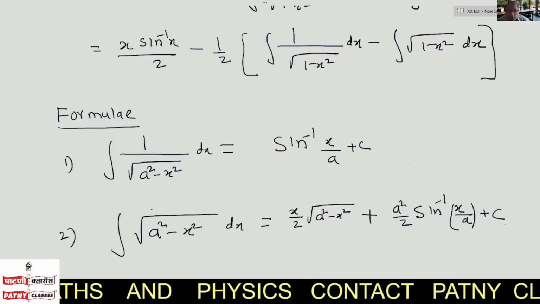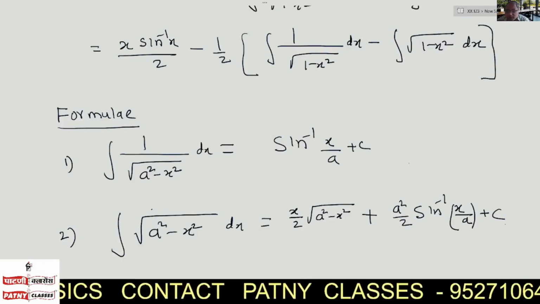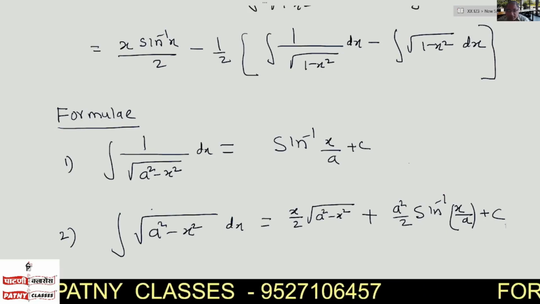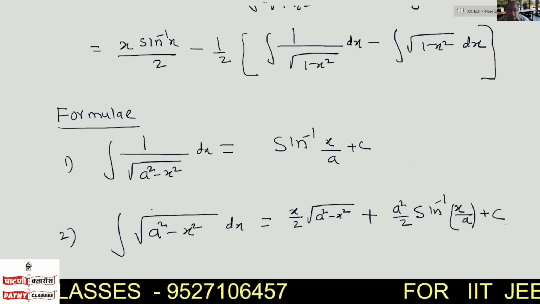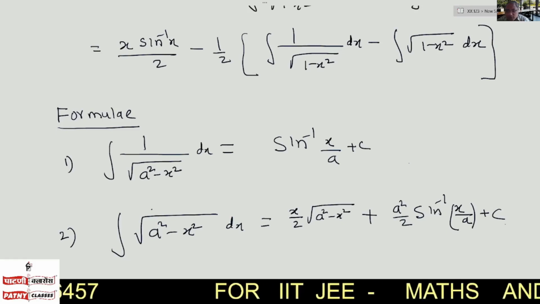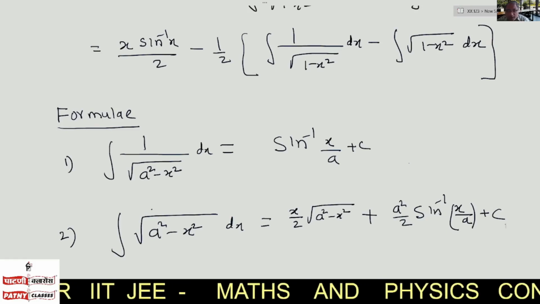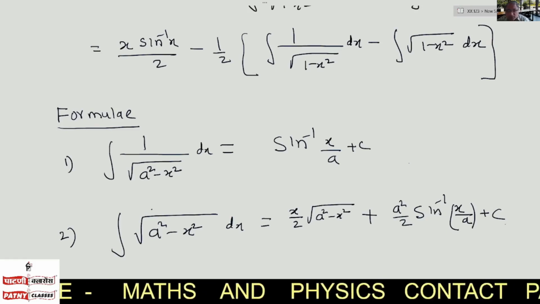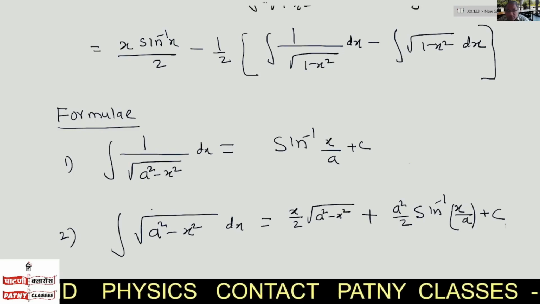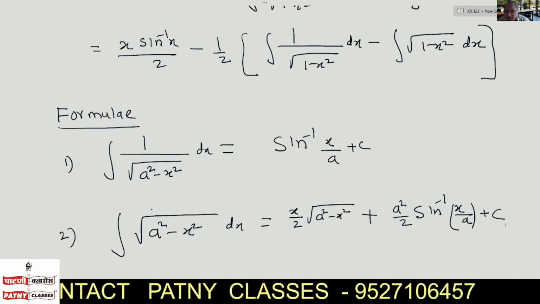Now in the first part we apply integration of 1 upon under root of a square minus x square with respect to x equals sine inverse of x upon a. In the second part, that is under root of 1 minus x square, that resembles under root of a square minus x square. Therefore, in the second part we use the formula x by 2 under root of a square minus x square plus a square by 2 sine inverse x upon a plus c. Now I am going to use this formula in the first and second part.